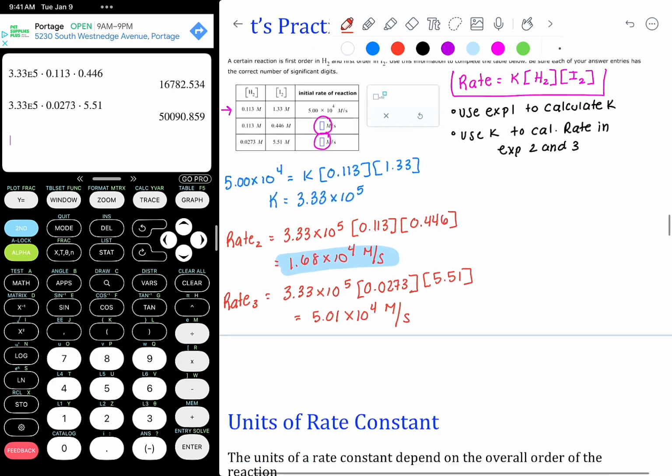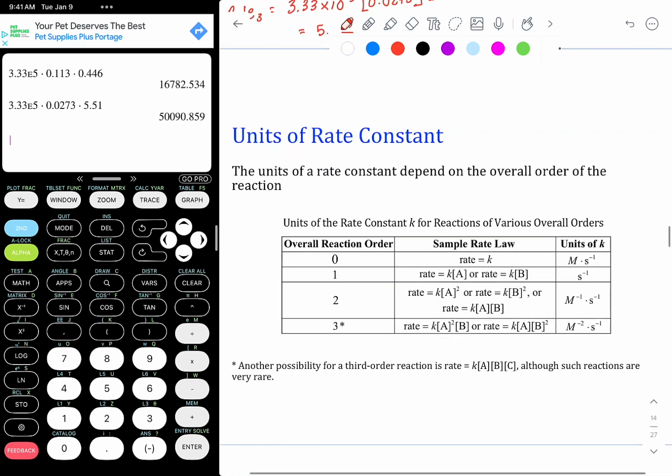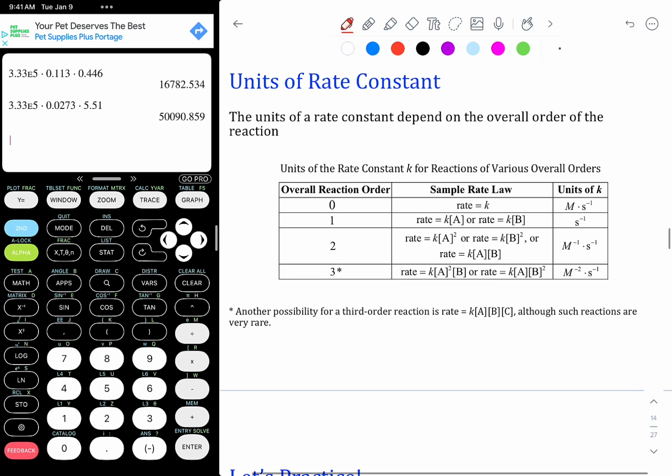Okay, so let's talk about our units of a rate constant, which I said previously was to be determined. The units of the rate constant will depend on the overall order of the reaction. So it will change. They are not constant. Even though the number is constant for a given reaction, the units for K are not all the same.